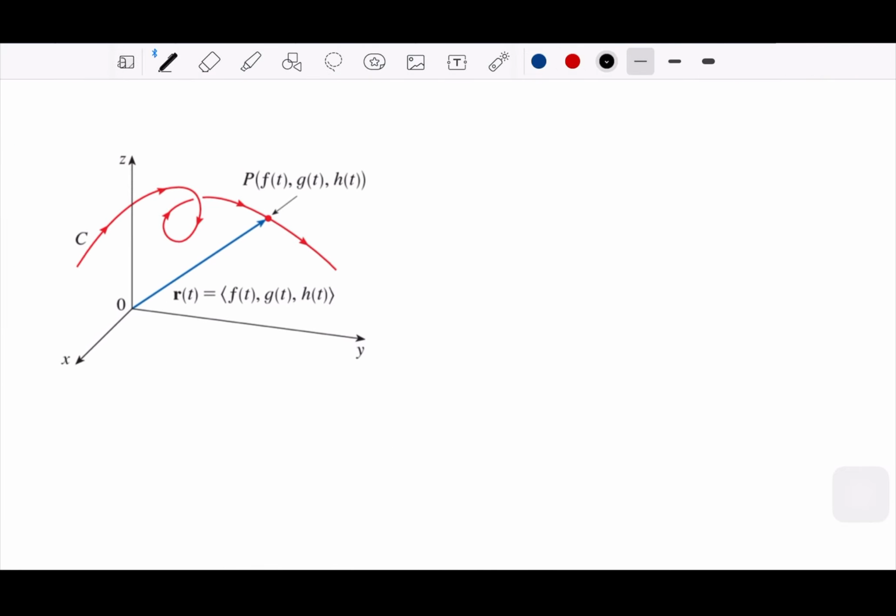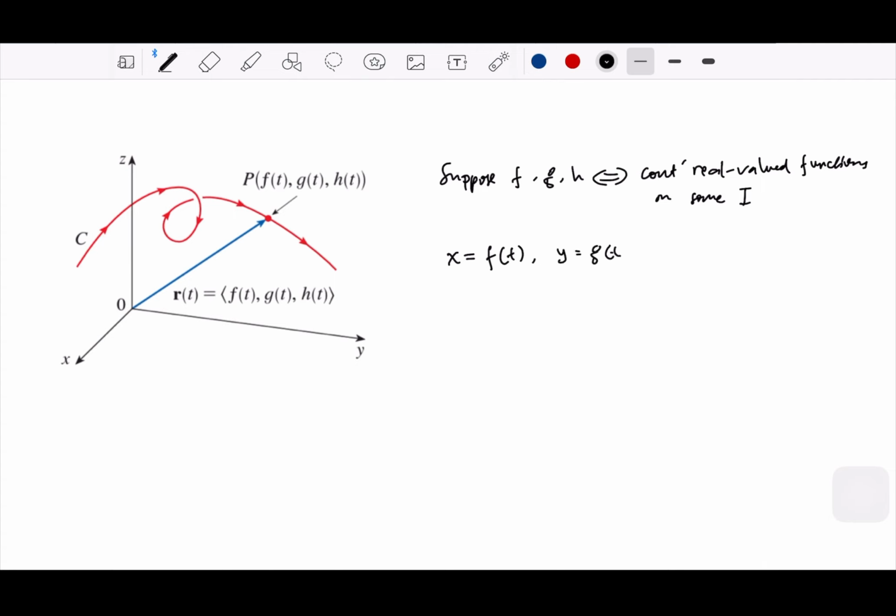So let's observe the red arrow, the curve C. Suppose f, g, h are all continuous real valued functions on some interval I. Then the set C of all points x, y, z, where x is f(t), y is g(t), and z is h(t), and t varies throughout the interval I, is called a space curve.